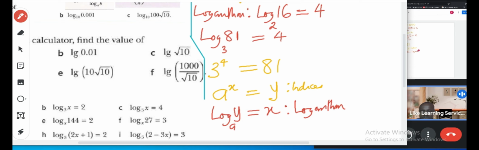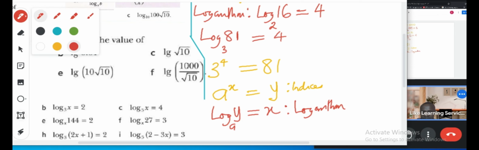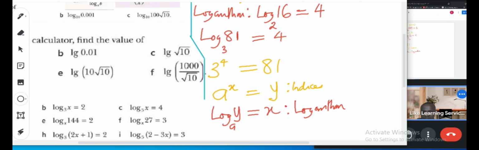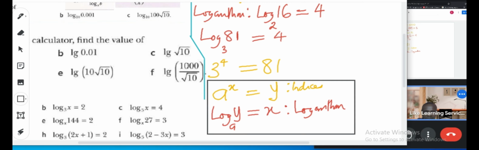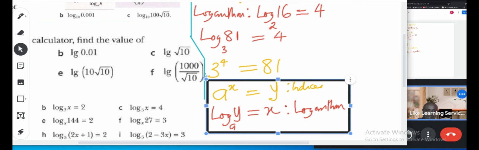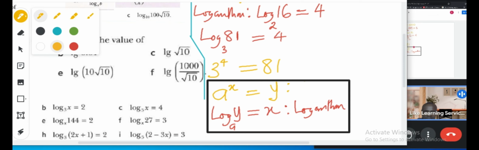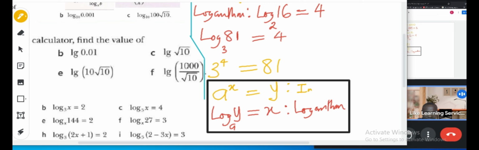So that's a general rule. Let me put it in a box. Take note of that. The indices and the logarithm, so they are basically saying the same thing. So their laws are related. Logarithm for the red one, indices for the yellow one.